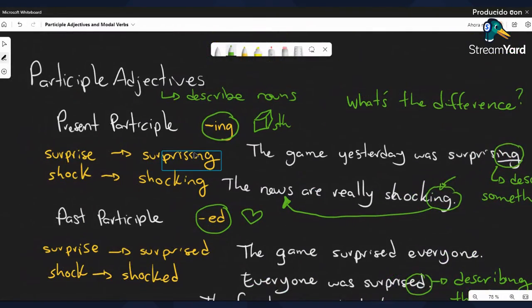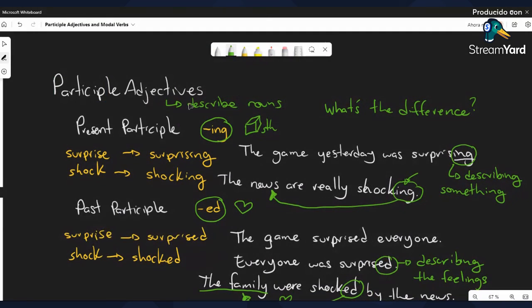And well, today what we were learning about was the participle adjectives, and as you can see here, they describe nouns. The present participles are used with ing, and the past participles are described with ed. When I use ing, I describe something. When I use ed, I describe the feelings. For example, the game yesterday was surprising. The news are really shocking.